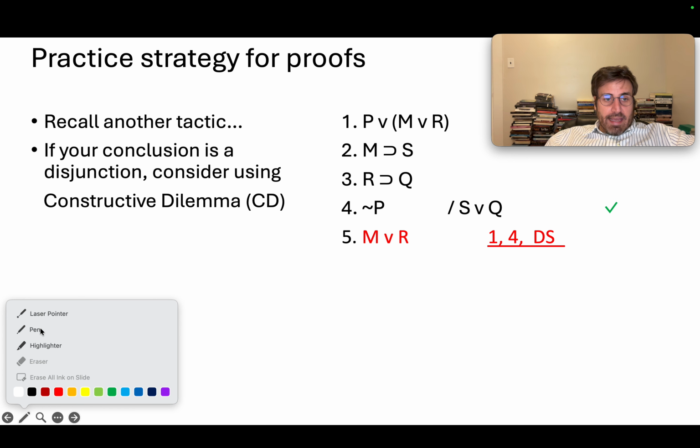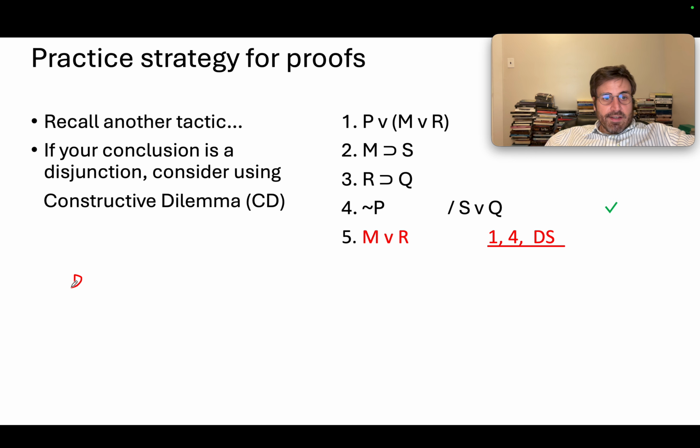Disjunctive syllogism, again, is that rule that allows us to rip apart the disjunction. So for any disjunction, either P or Q, where we have the negation of one disjunct, not P, we can infer the other because it's an either or sentence. And when we have not P in line 4, we can, in a sense, disassemble this whole wedge and carry over the other disjunct in the new line, either M or R.